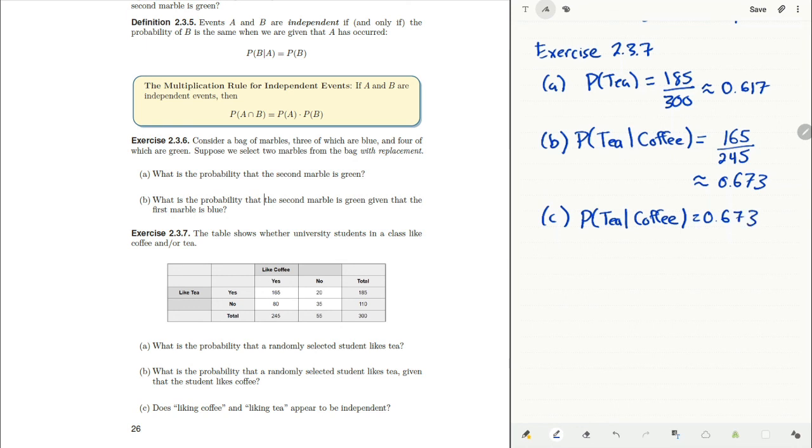And in part A, we found that the probability that a student likes tea is 0.617. Notice that these probabilities are not equal. And because the conditional probability of liking tea, given that they like coffee, is not the same as the probability that the student likes tea, this tells us that these events are not independent.